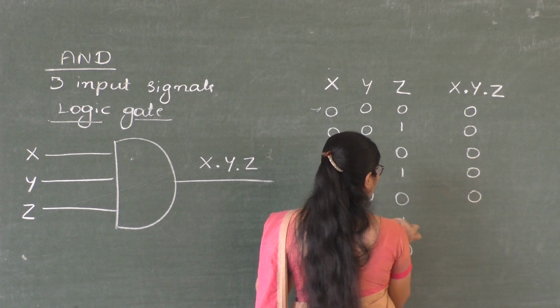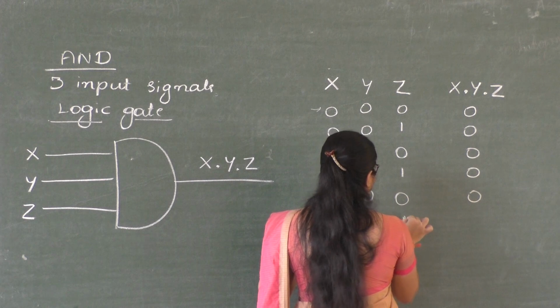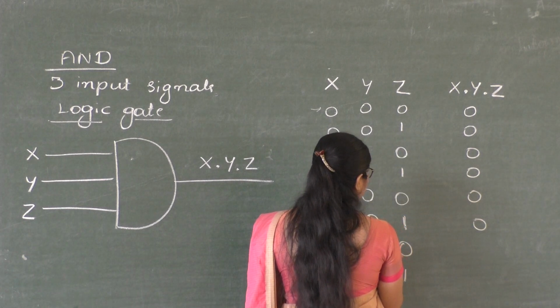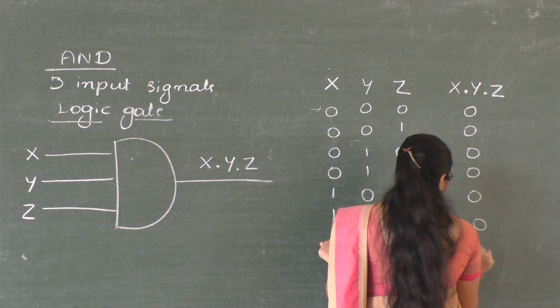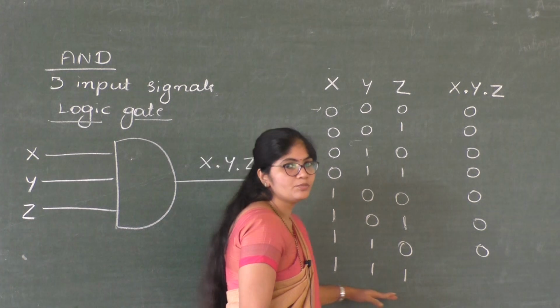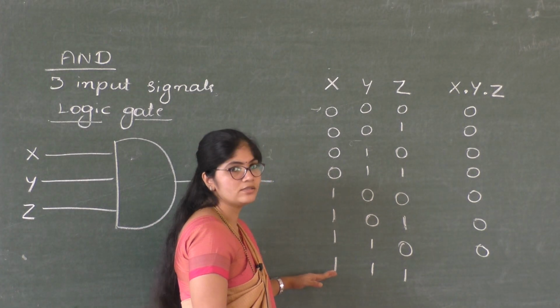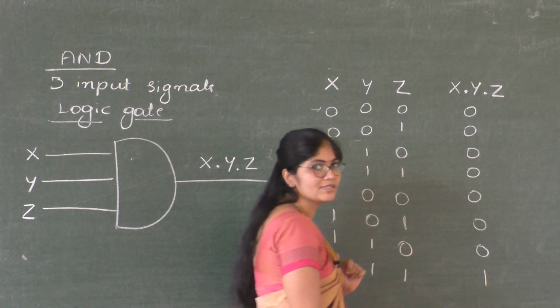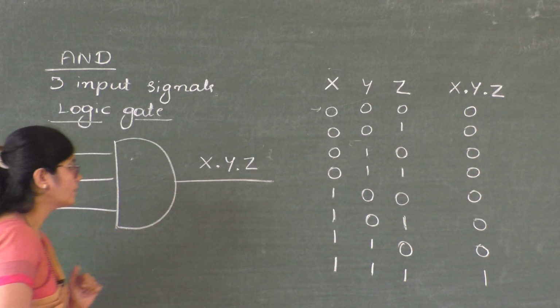Next 1 0 1, 2 input signals are 1, 1 input signal is 0. Next 1 1 0, third input signal is 0. In the last row all the input signals are 1, so output is 1. This is about AND gate.